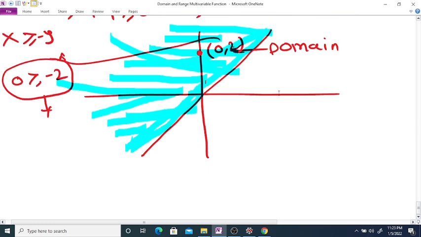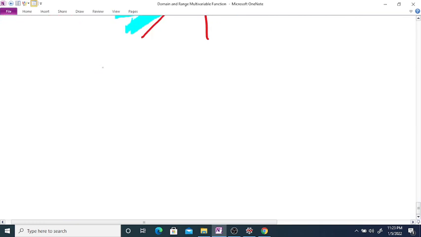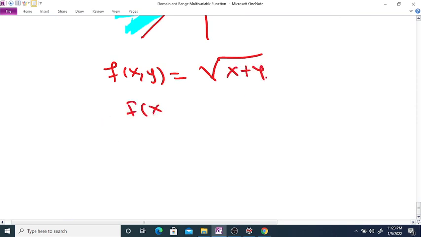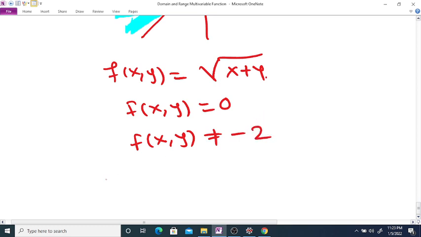Given function f of x y is equal to square root of x plus y. Now you can find a pair such that f of x y is equal to 0, but you cannot find a pair such that f of x y is equal to minus 2, negative values. Positive values you can determine. So the range is again from 0 to infinity.